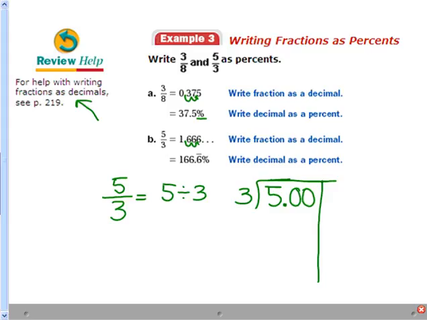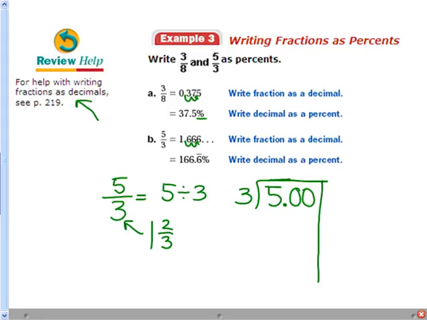Before I do this, I'm going to take a look at my fraction. 5/3 is equivalent to 1 2/3. So that means when I'm all done over here, my decimal should be 1 point something. And I have to keep that in mind when I place my decimal point at the end.